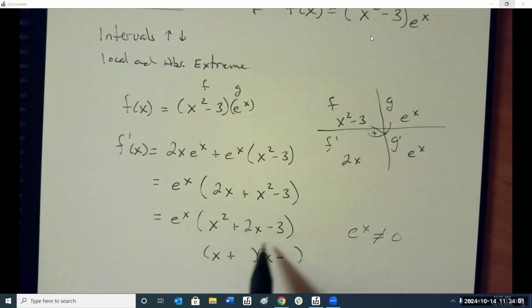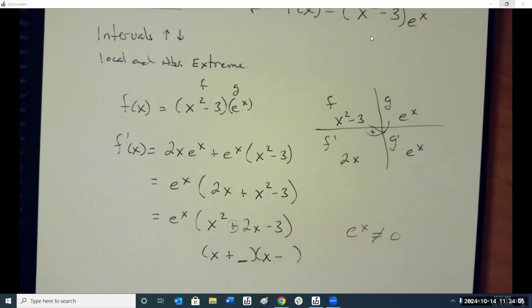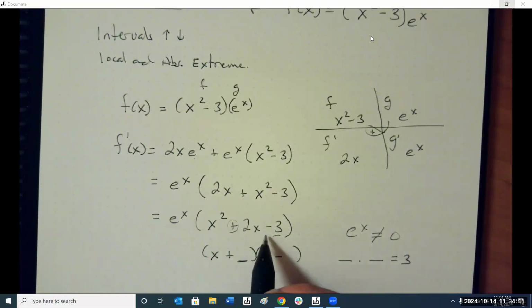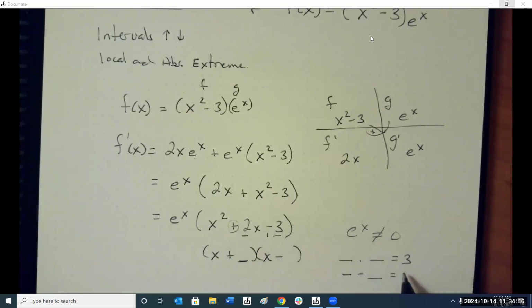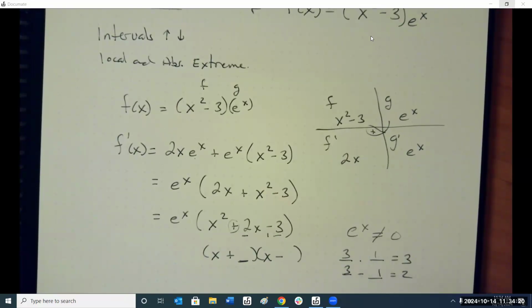One's plus, one's minus, and the bigger one gets the first sign. What times what is 3 that, when you subtract them, you get 2? 3 times 1, 3 minus 1.